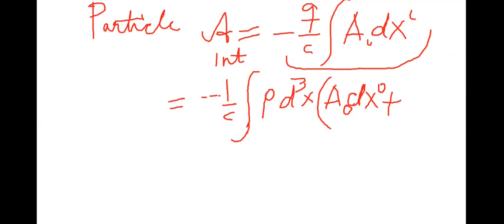So in place of writing 1, 2, and 3, I can simply write a mu and dx mu. With this understanding that this mu goes over 1, 2, and 3.